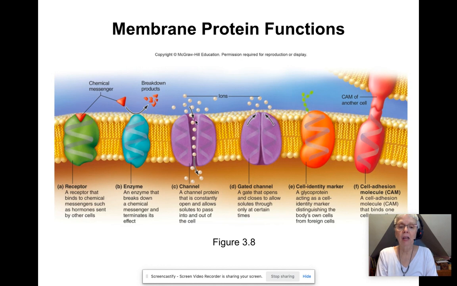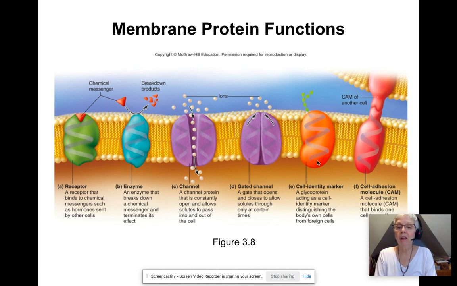They might be channels. If they're channels, they might be open and allow certain particles or ions to move from outside the cell to inside, or vice versa. They might be a gated channel, which means they can open and close according to what ions you want to come into the cell or go out of the cell.